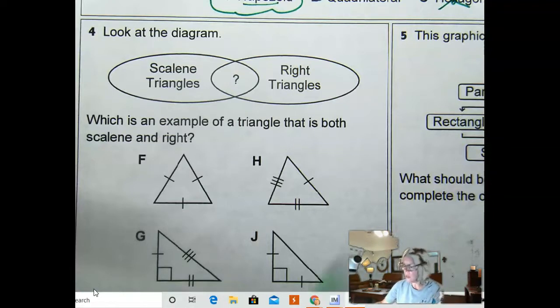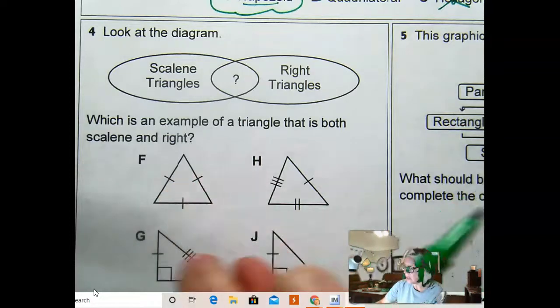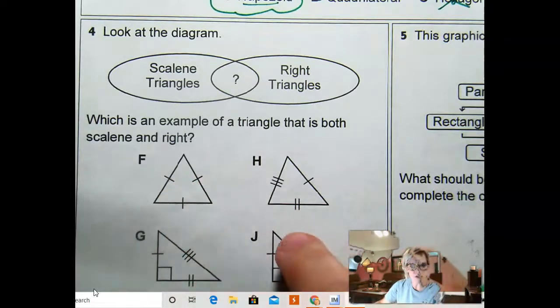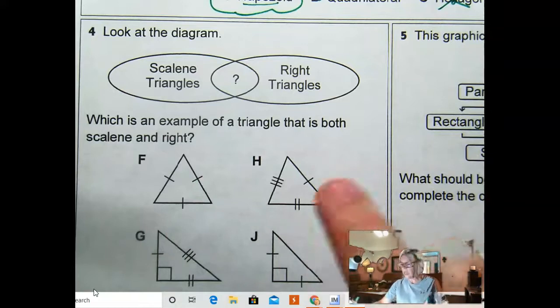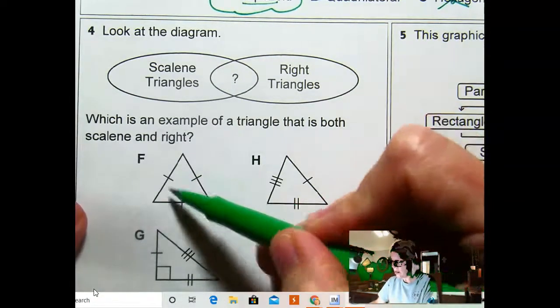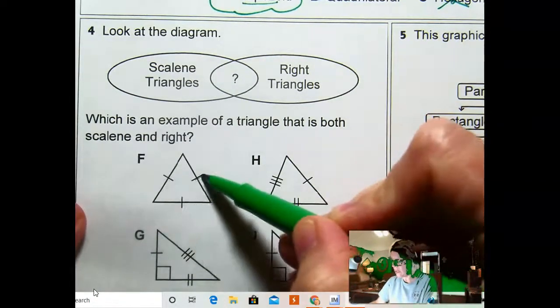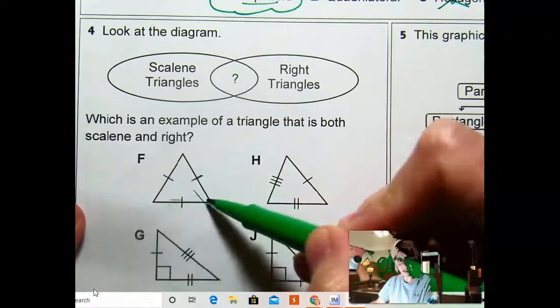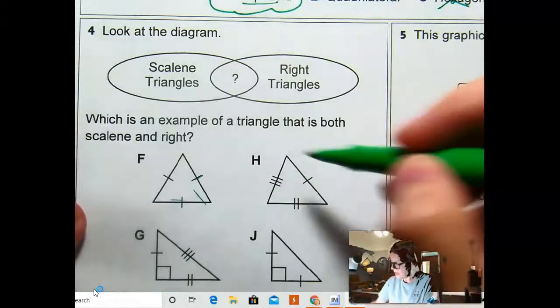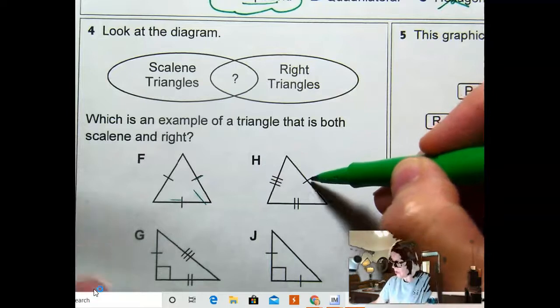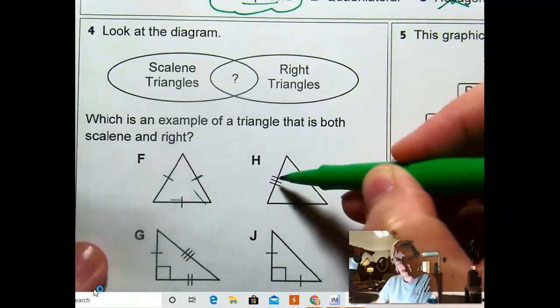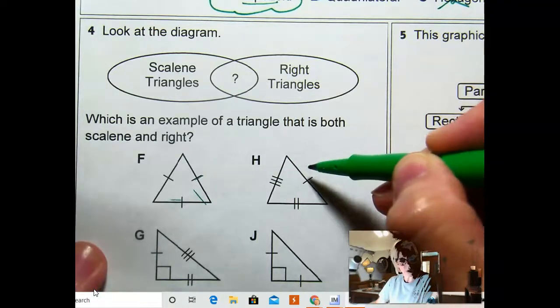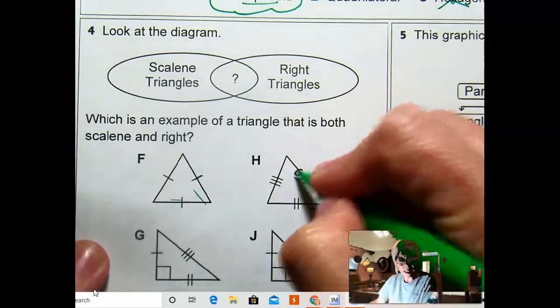And remember, we had a long conversation about these tick marks that are in our geometric figures when we're talking about measurement. Okay, if they're all the same, one tick mark means this side is equal, and this side length is equal. And then, like here, we have 1 tick mark here, 2 here, and 3 here. This would be a scalene triangle. Okay, let's go ahead and write scalene.